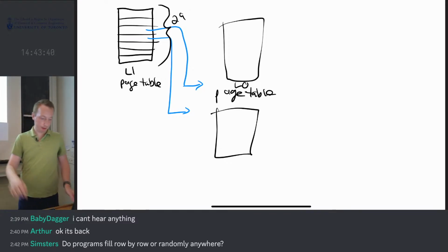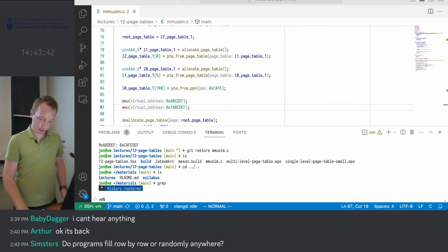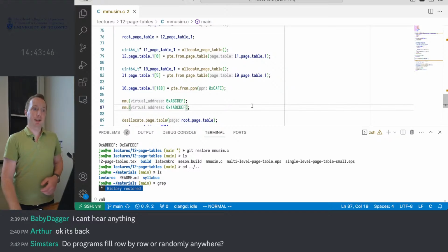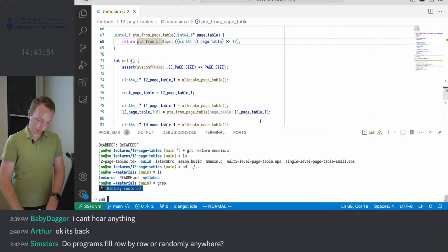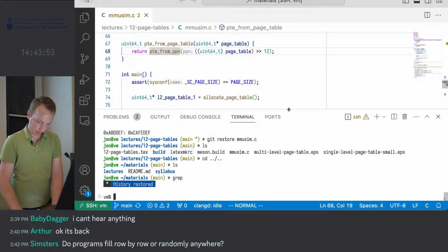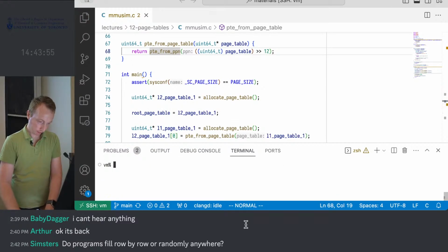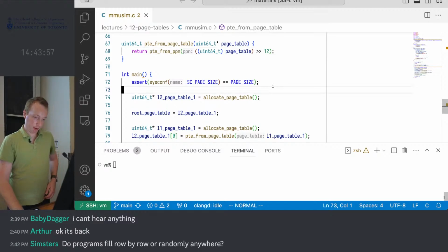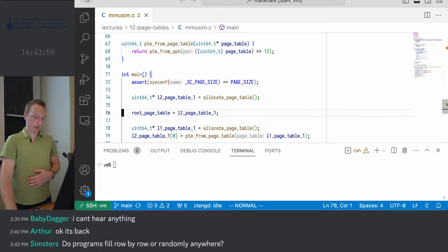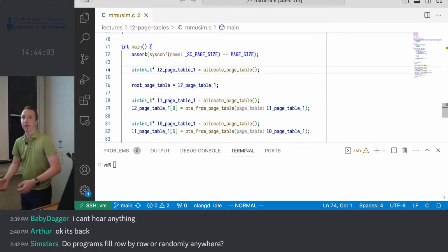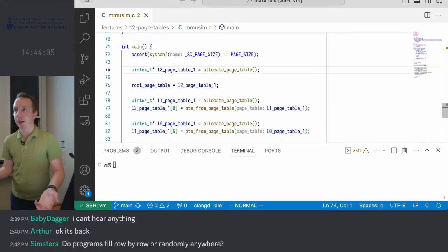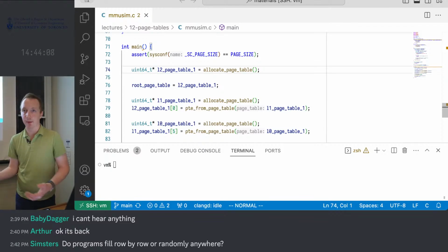So here, we can do an example too. We have a little simulator, and guess what? That's what Lab 3 is anyway, so we may as well see it. So in this case, let's make this bigger. Here I just check if the page size is what I expected it to be. And in this allocate page table, all it's going to do is give me a page that I can put whatever I want on it.